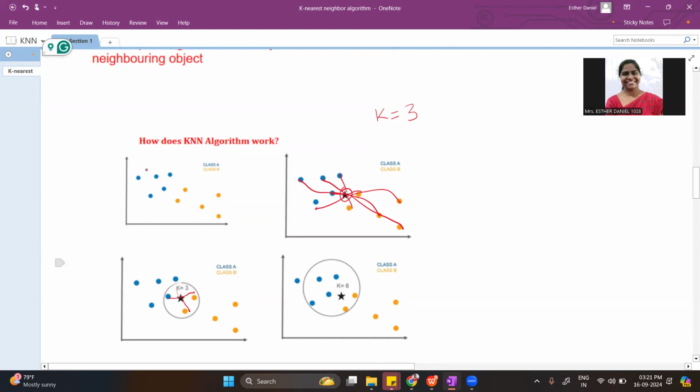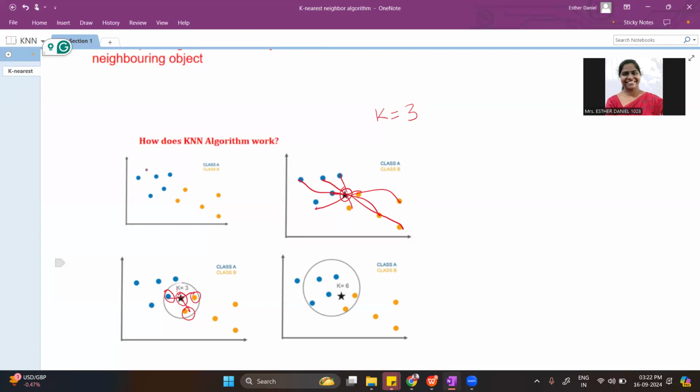And now we find out the classes or labels these 3 data points belong to, in which 2 data points belong to class B and 1 data point belongs to class A. So now we can classify the unlabeled data, the star, as belonging to class B because of the majority number of data points available in class B.